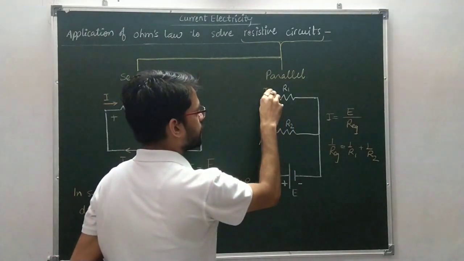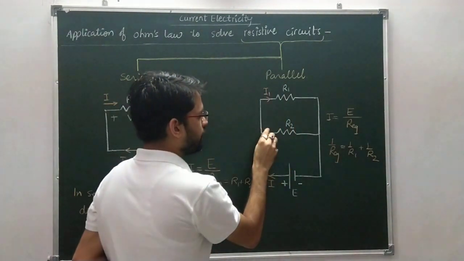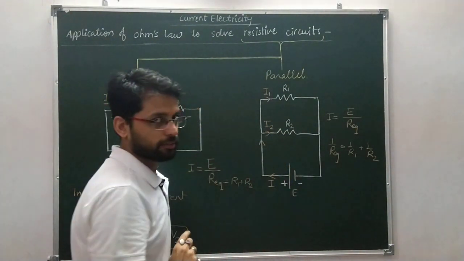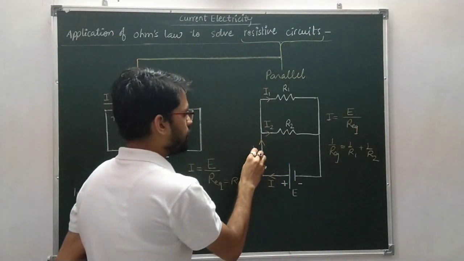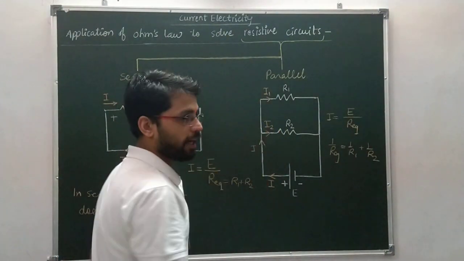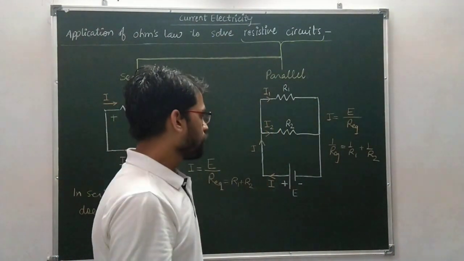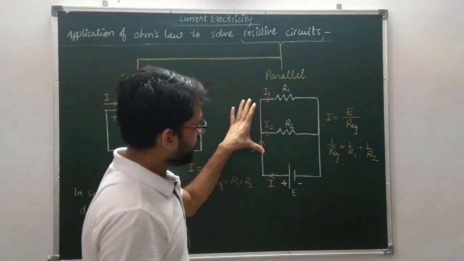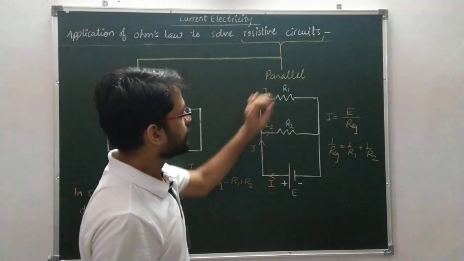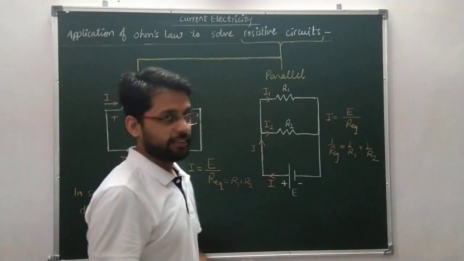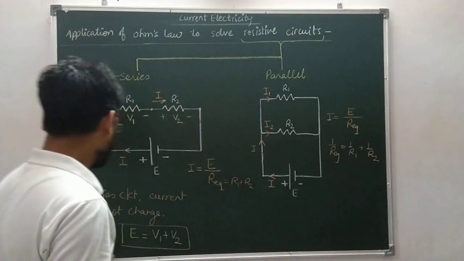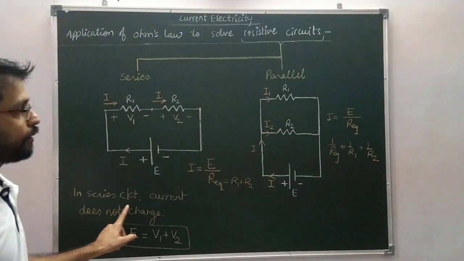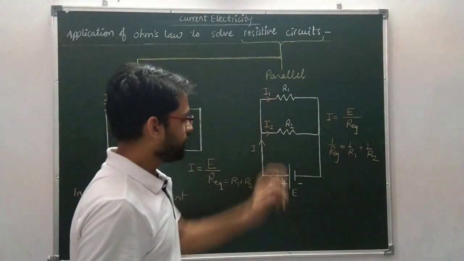Through resistance R1 there will be a current I1, and through resistance R2 the current is I2. Imagine the current I is divided into two currents, I1 and I2. This is a very important point for parallel circuits, that is the current is divided in a parallel circuit, whereas the current remains the same in the series circuit.